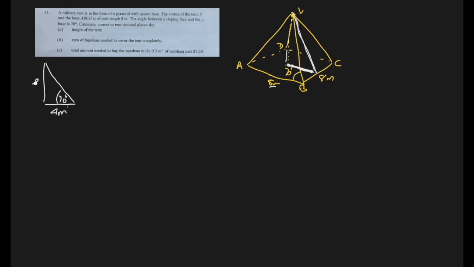So can we find the height, h? Yes, we can. So we can write tan 70 degrees is equal to opposite, which is h, divided by adjacent, which is 4. Again, cross multiply. h is 4 tan 70 degrees. So let's write 10.99.